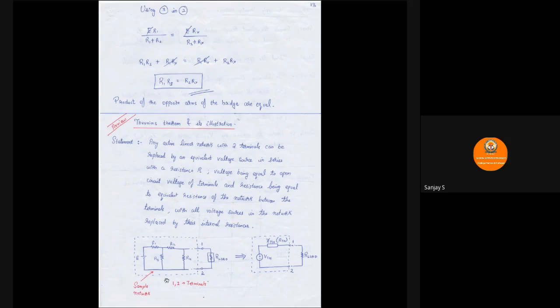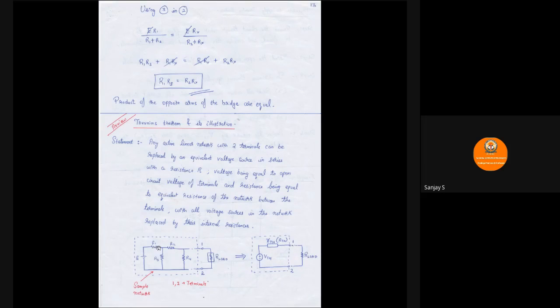Just have a look at the circuit diagram below. This is a sample network I have taken. You have source voltage E, you have R1, R2, R3 and R4, and then a load resistance. This theorem says that this network containing a source and several other passive elements can be replaced by a single source and a single impedance, or single resistance, and then connect this load resistance so that you can find the current flowing in this loop.